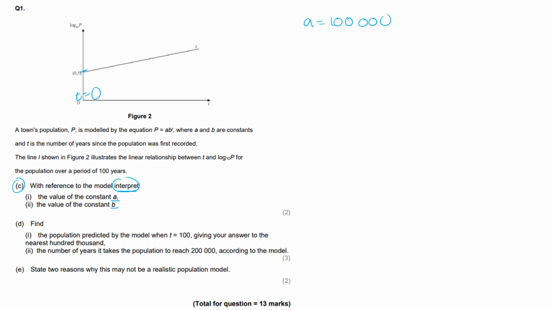Well, that is going to be at the point when we started recording the data. So A is equal to 100,000 is the initial value of the population at start of the recordings.